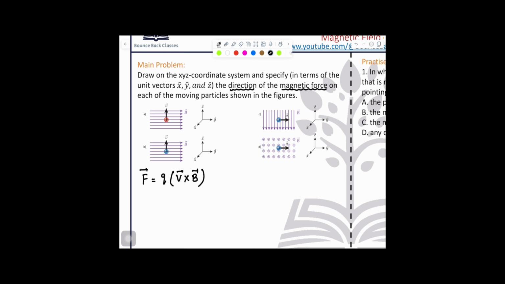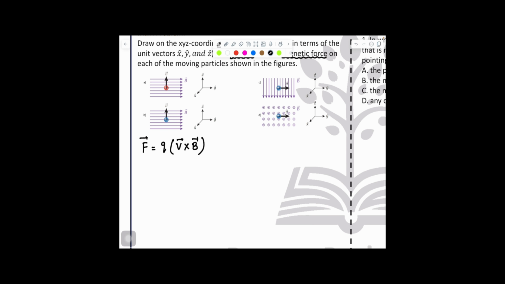So we are looking for magnetic force. Okay, case number 1. If you understand, it will become very easy for you. Just you need to apply. First thing you need to check where the velocity is going up. There is a positive charge and magnetic field is going like this.